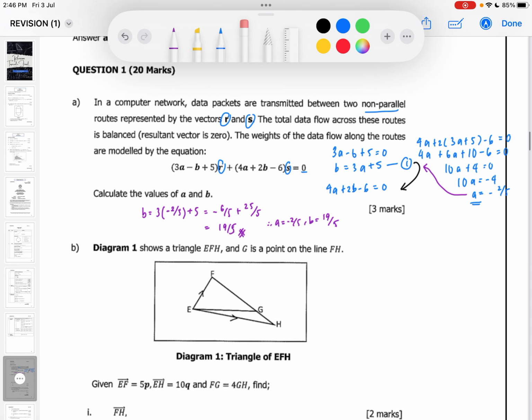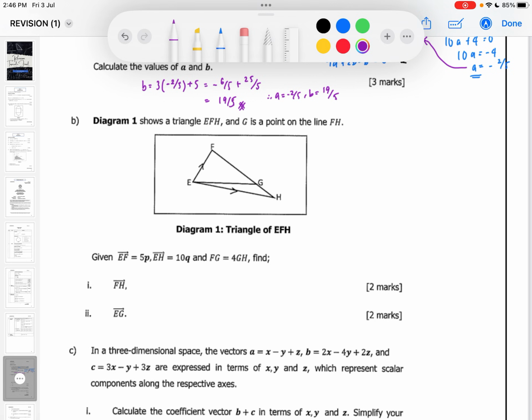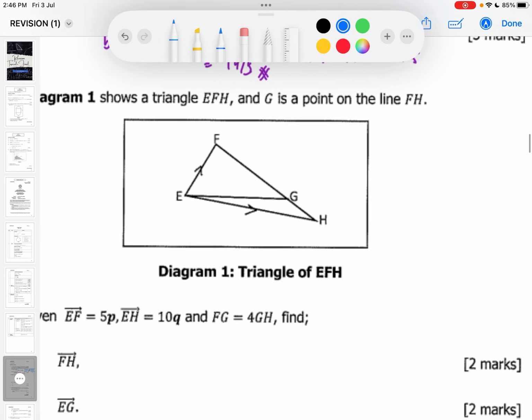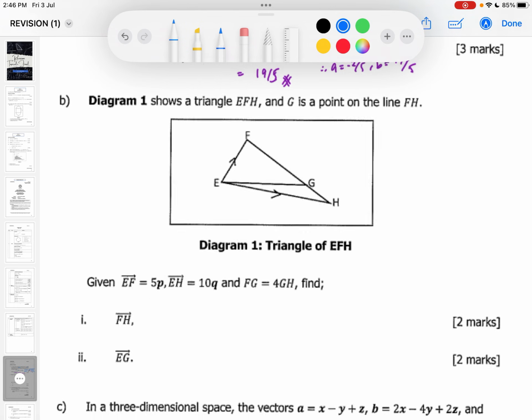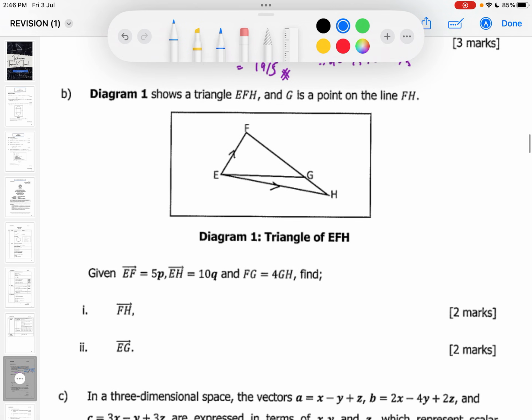Let's move on to question b. Diagram 1 shows triangle EFH, and G is the point on the line FH. Given EF equals 5p, EH equals 10q, and FG equals 4GH. When we encounter a question like this, the best practice is to extract the information and write it down on the question immediately, so you know what is what without having to read the whole sentence again.